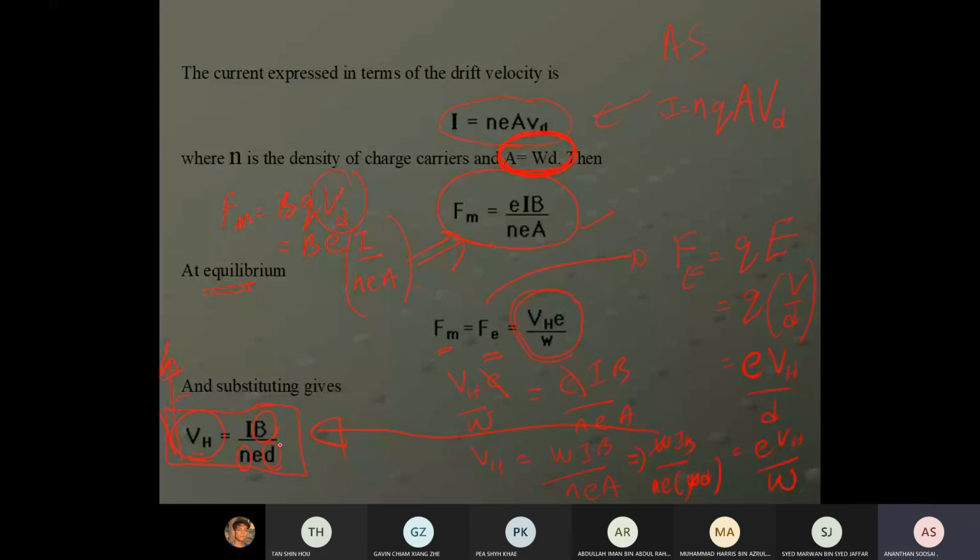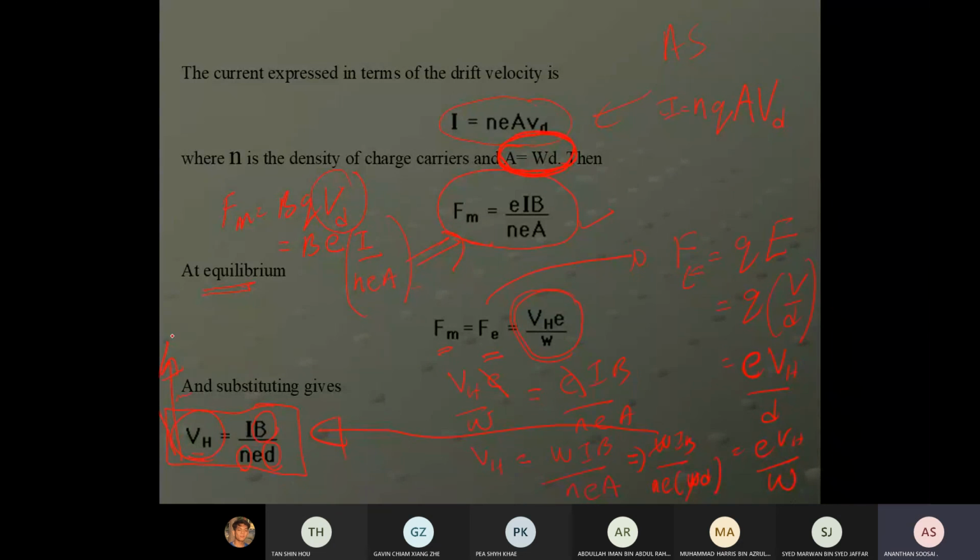To get a big Hall voltage, you must use a material with a small n, a small charge density.